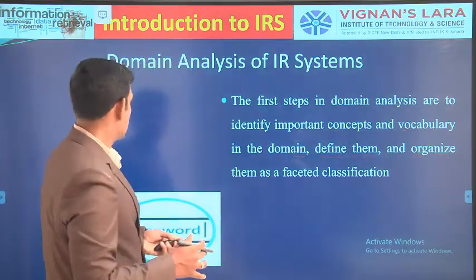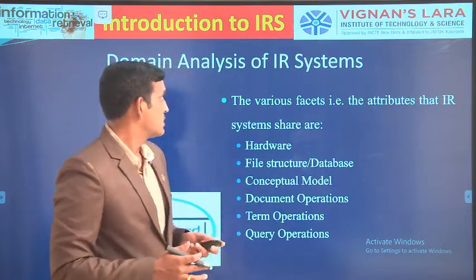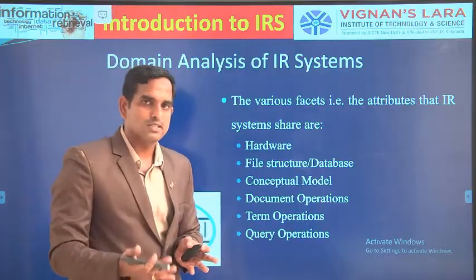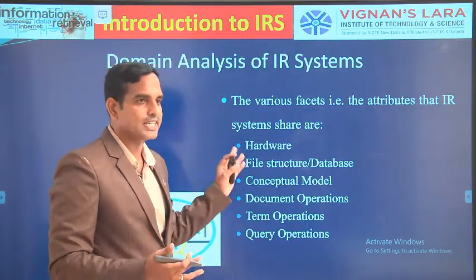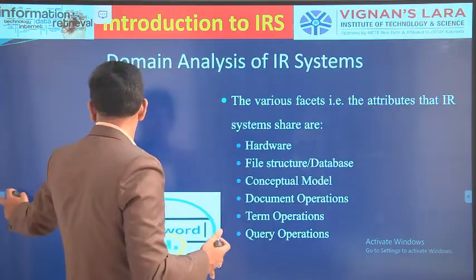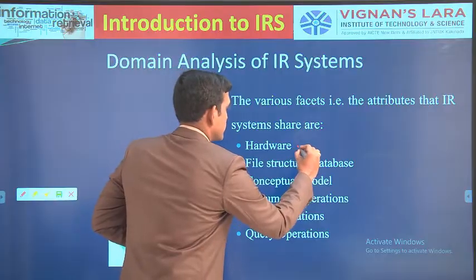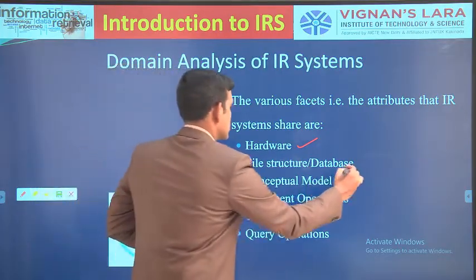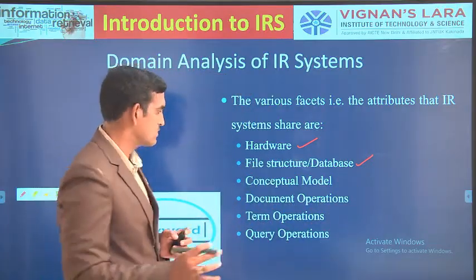Okay. The next thing you have to understand about domain analysis is that, while performing the domain analysis of information retrieval systems, we have classified them into various facets. A few of the facets: what is the hardware we are going to use as a part of information retrieval systems? What is the file structure or database we are going to use as a part of the system?